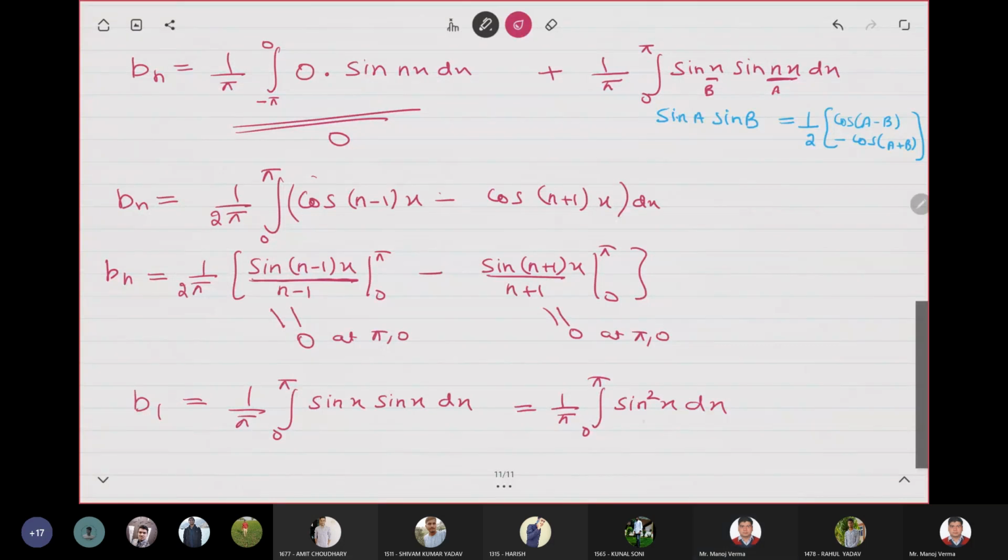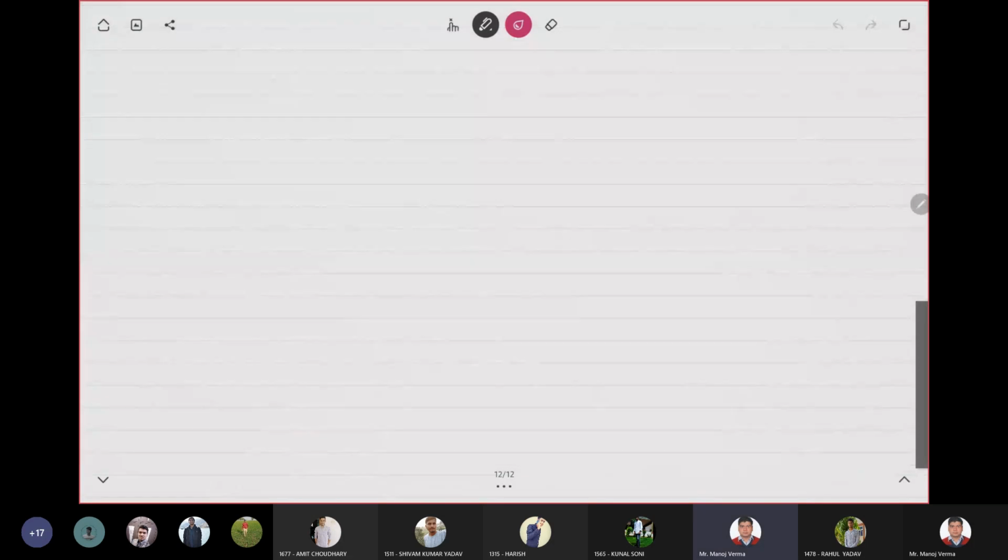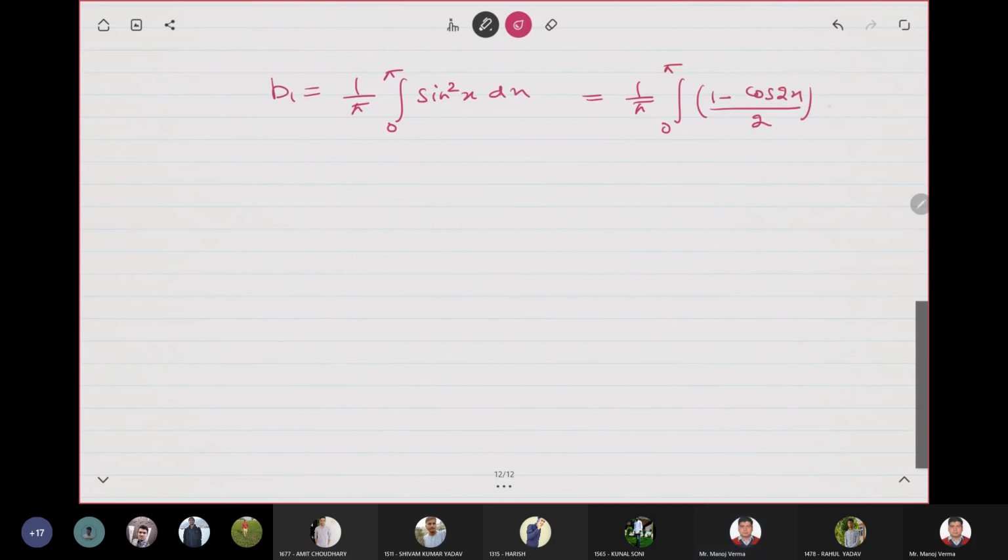I can simply write this as 0 to pi of (1 minus cos 2x) by 2 dx, and b1 will be equal to 1 over 2 pi.